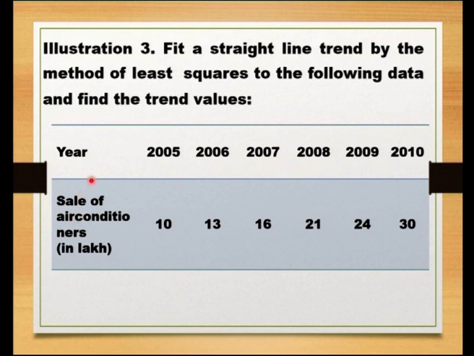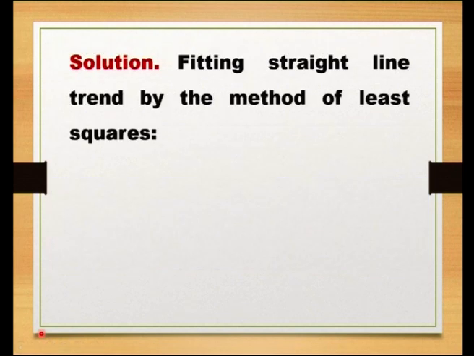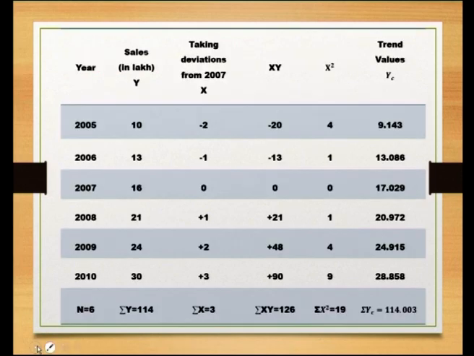That is, year is given as 2005 to 2010, and sale of air conditioners in lakhs has been given as 10 lakhs for the year 2005 and 13 lakhs for 2006, 16, 21, 24, 30 respectively from 2007 to 2010. So, we have to fit a straight line trend by the method of least squares and find the trend values. Fitting straight line trend by the method of least squares, first take the value 2005.